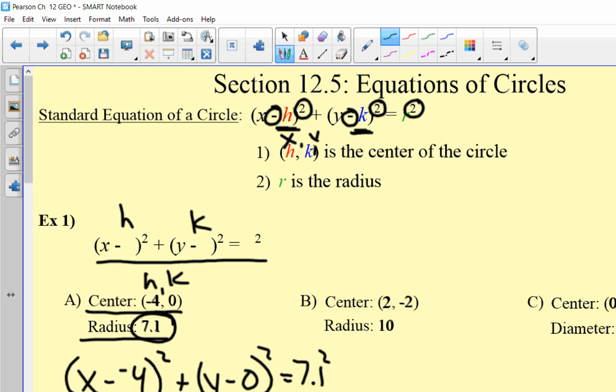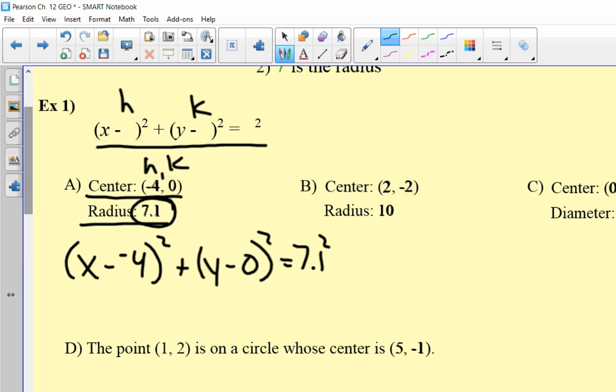All right. So I'm just going to make some changes. I did it kind of the long way here, just so you can see what to do. Obviously, I talked about that earlier. I have to change the signs there, so I get (x plus 4) squared. And y minus 0 is just y, so I'm just going to get y squared.